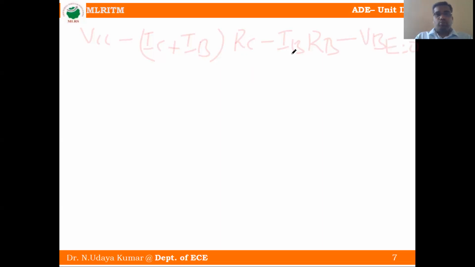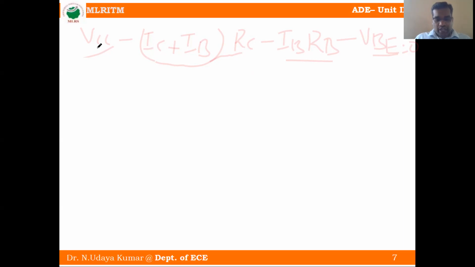Current into resistance is also voltage, so each of these terms is a voltage. This is the KVL equation for the input side.